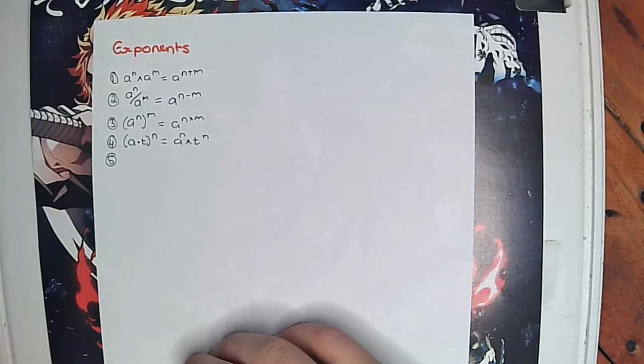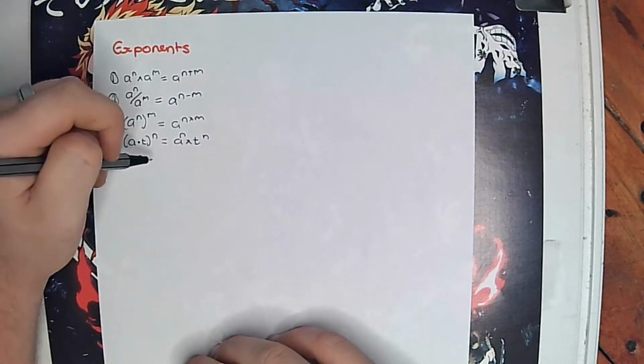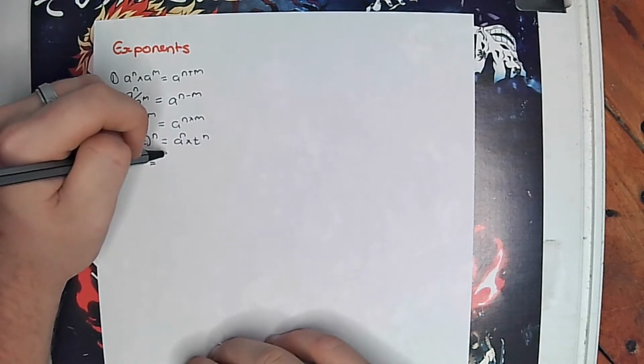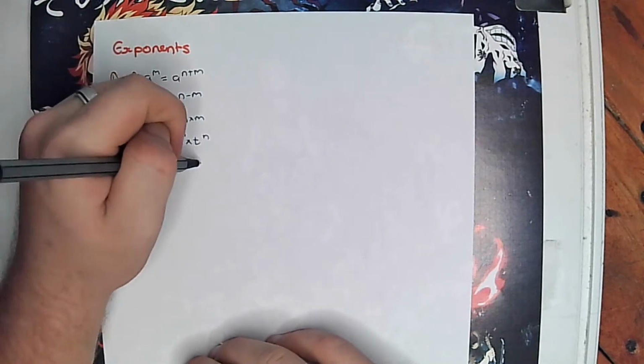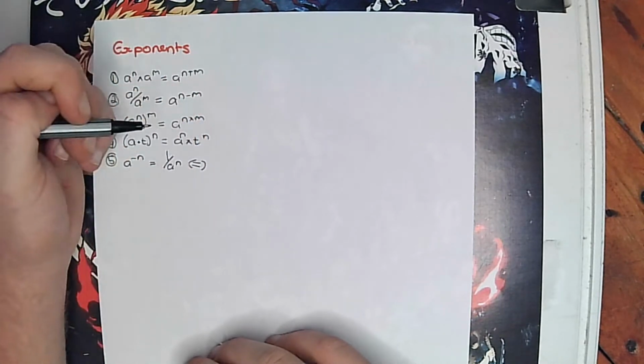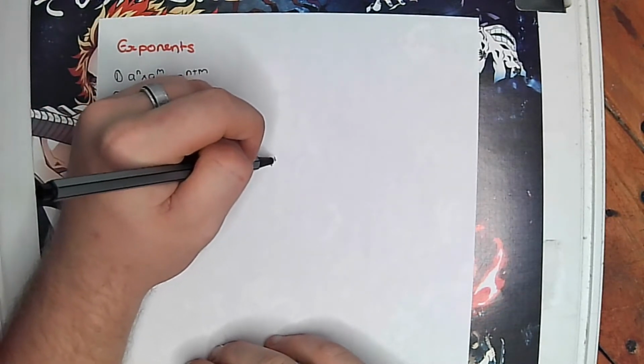One that's probably pretty new to you guys is if I have a negative exponent, a to the negative n, I can rewrite it as 1 over a to the power of n. Just the same as if I had 1 over a to the negative n, I can rewrite it as a to the power n.